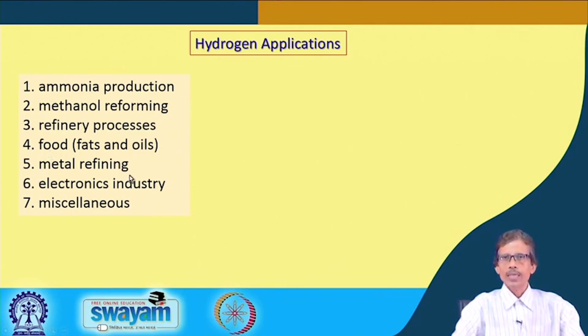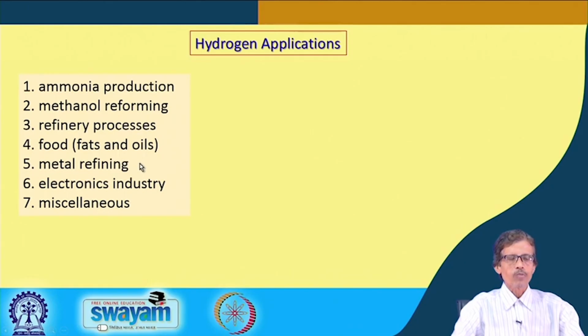Then metal refining, how is it utilized for metal refining? The name itself tells us that hydrogen can be useful for metal refining in terms of its reduction. Not only for the metal refining process, but sometimes we can also use it for different hydride production, calcium hydride production, titanium hydride production, sodium hydride production.